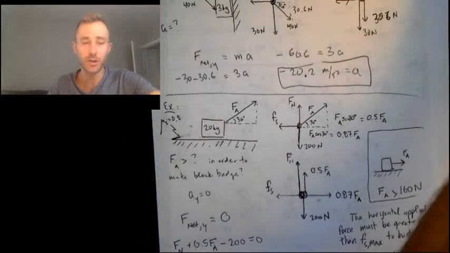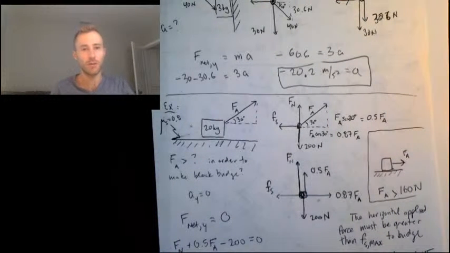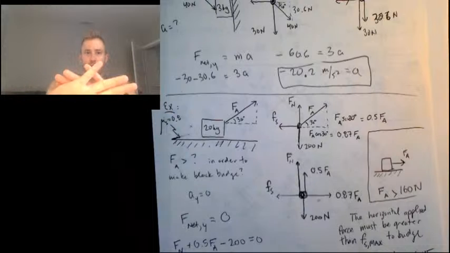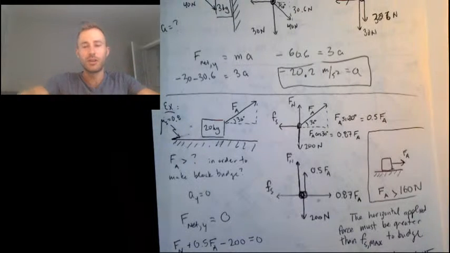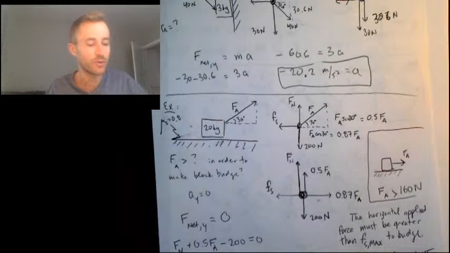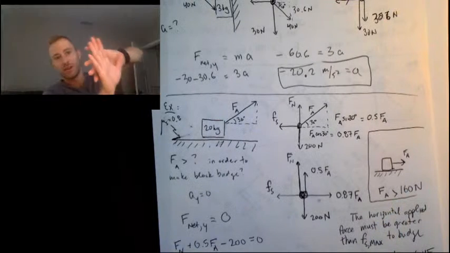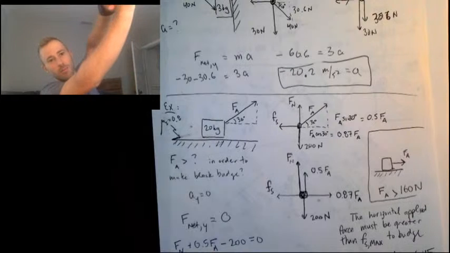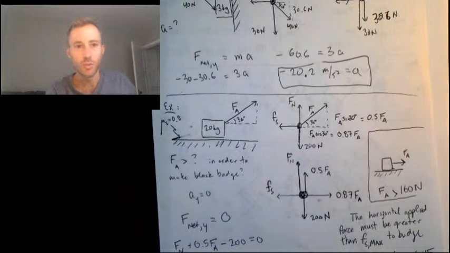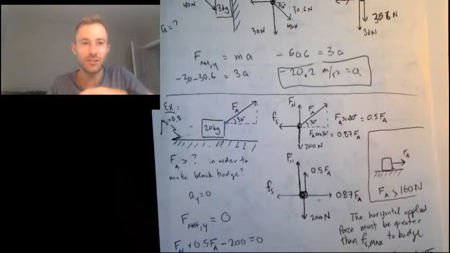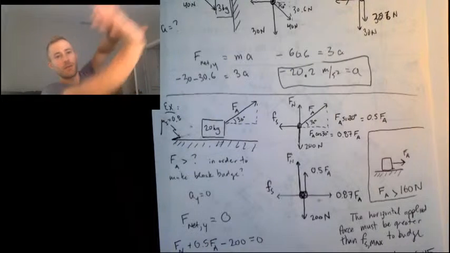If you're fighting someone and you're trying to push them back away from you, you should not push directly, because if you push directly, you're going to have to apply a greater force to make them slide backwards. You actually want to get underneath them and push up at an angle, which will reduce the normal force, which will make the maximum static friction smaller, so they have less traction and they go back more easily.